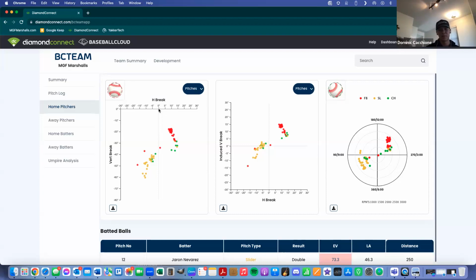Dumb it down for me. This is looking at the plate. So arm side is going to be positive, and glove side is going to be negative. Correct? Yeah. That's why you see yellow being the slider right there. It has more vertical break because it's a depthier pitch, but it's also going to be moving horizontally towards a left-handed hitter.